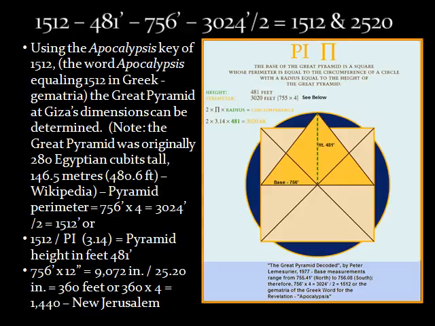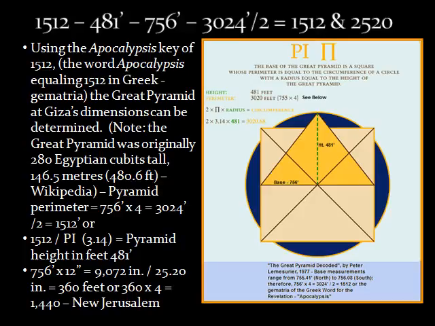The perimeter of the Great Pyramid would be equal to one of its sides, 756 feet at its base, times 4 sides, which would equal 3,024 linear feet. We divide that by 2, and we get 1,512 feet. 1,512 divided by pi at 3.14 would equal the pyramid height in feet at approximately 481 feet.